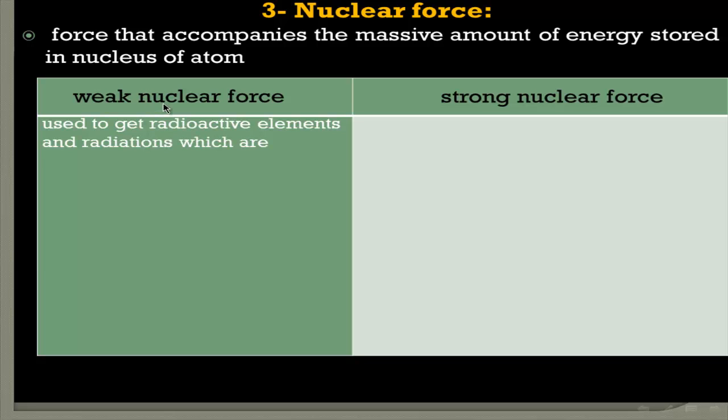The first one, we will talk about weak nuclear force. It is used to get radioactive elements. Weak nuclear force is used to get radioactive or very active elements and radiations.